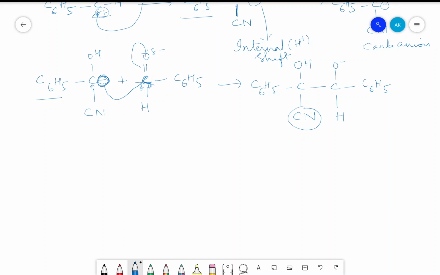That means I have to represent this OH as O-H, so that this hydrogen shifts here in the form of a proton, and this results in the transfer of the bond towards oxygen. This is a reversible reaction.